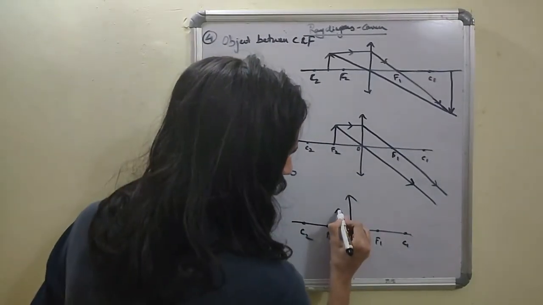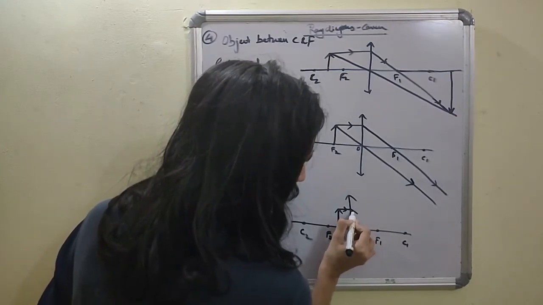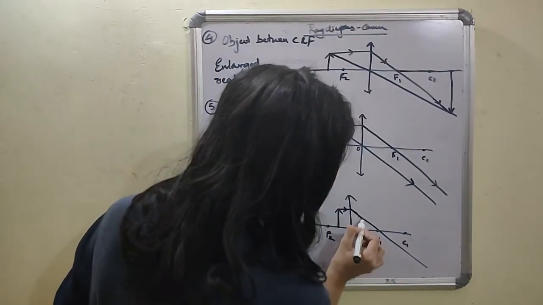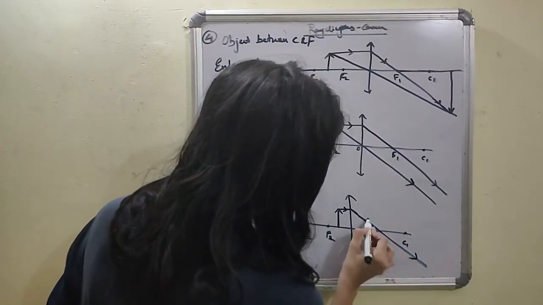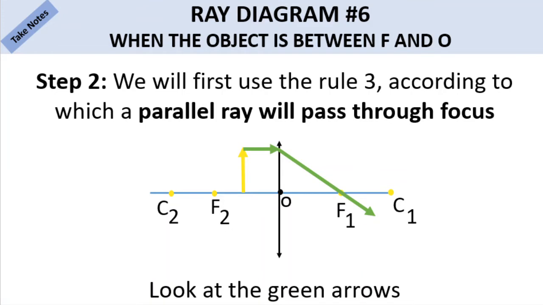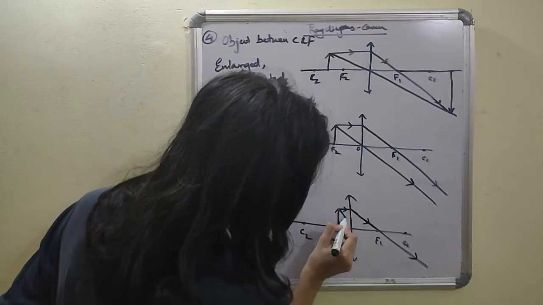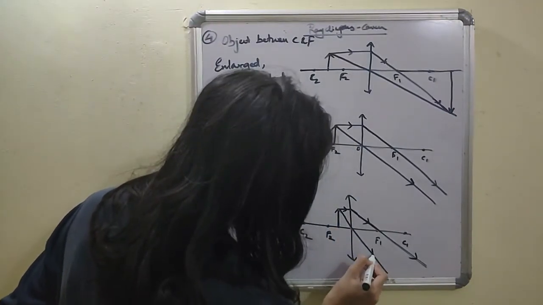Again, the same two rules. First one goes through the focus like that, right? Second one goes through the optic center like so.